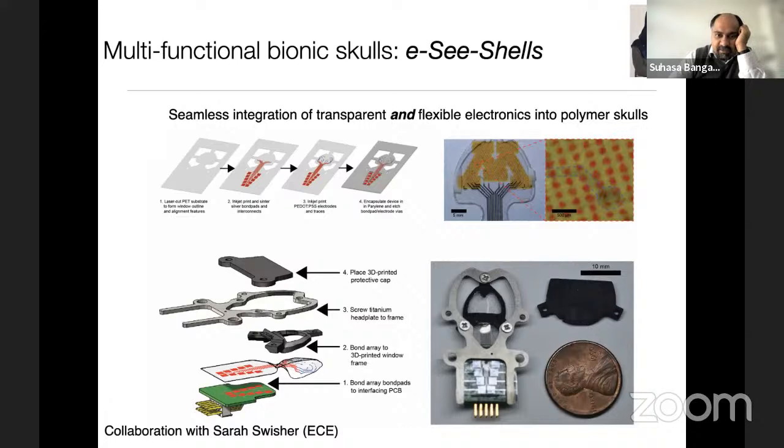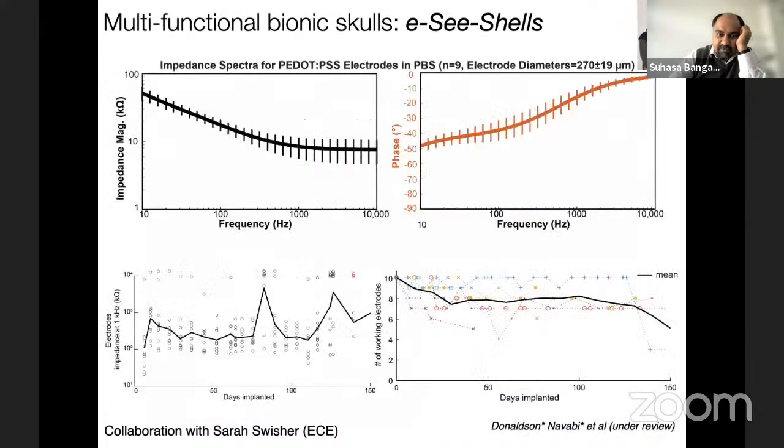And so here's an example where we inkjet print these electrodes, then we encapsulate them with Parylene C. It involves a little bit of clean room fab processing, but then we can build these fully integrated devices that seamlessly allow us to not only do calcium imaging, but also perform simultaneous electrical recordings.